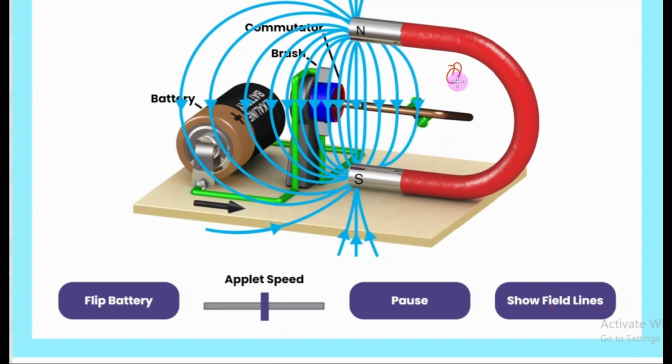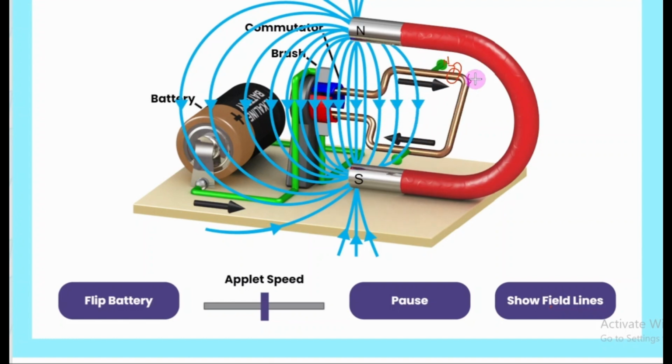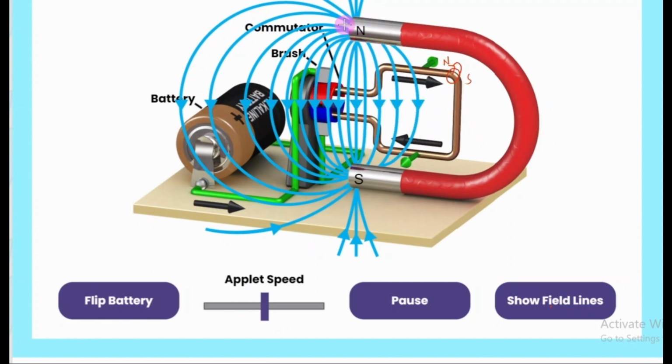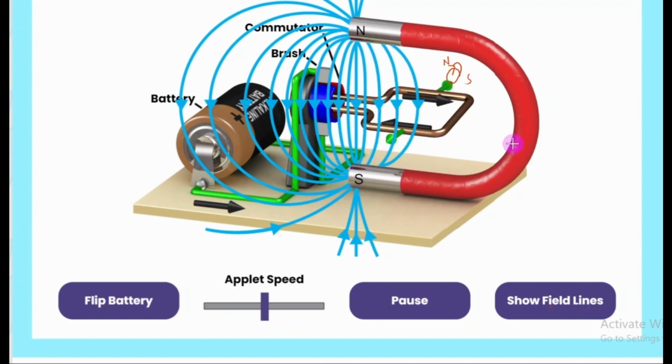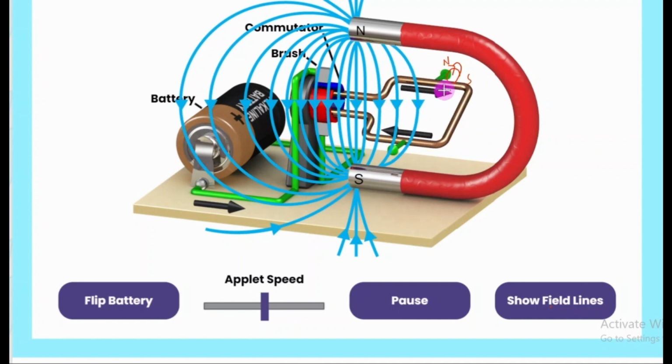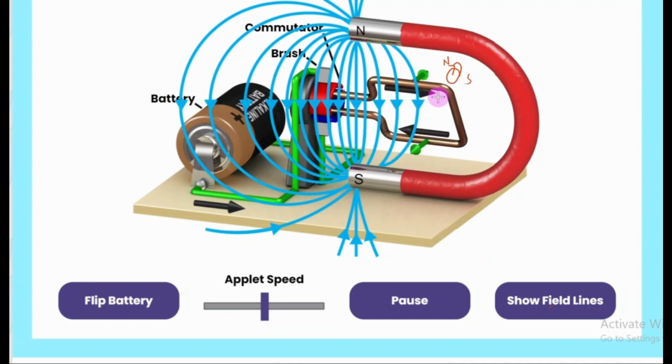The magnetic field around this conductor will have some north and south pole, and that north and south pole will interact with the poles of the external magnet, due to which the force will be exerted on this conductor, and this conductor will be moving due to that force.